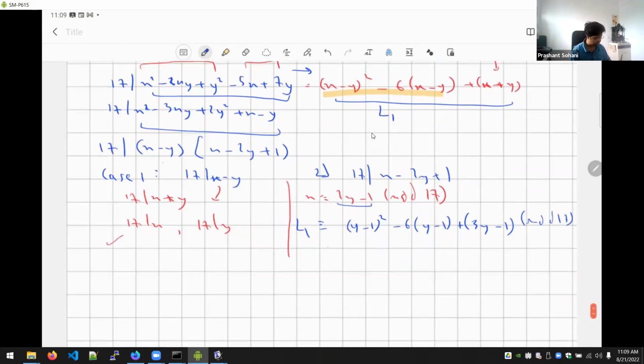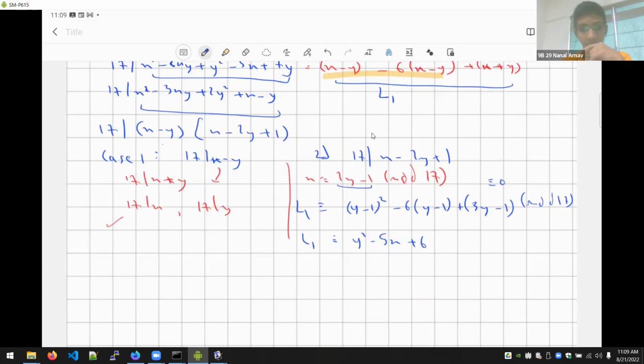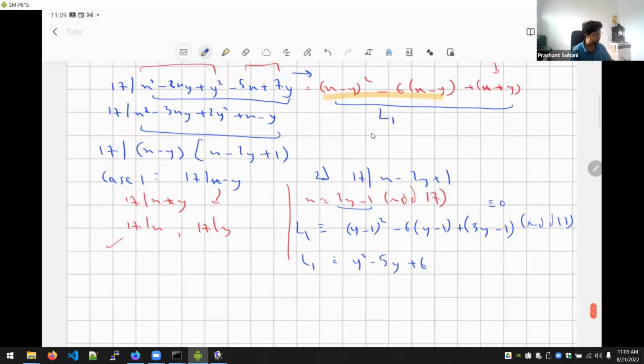And as Arnav was saying, if we expand and simplify, this simply turns out to be y square minus 5y plus 6. Yes, correct. And because we are given that 17 divides this, this is congruent to 0 mod 17.